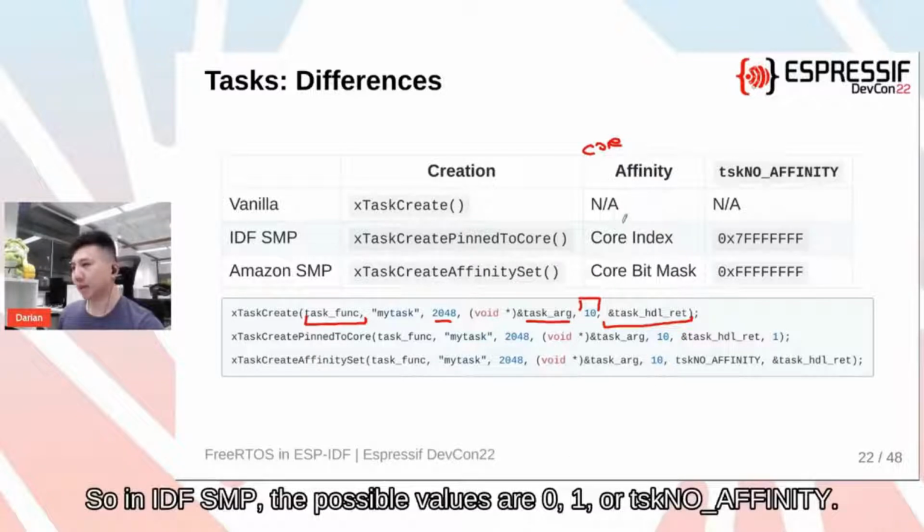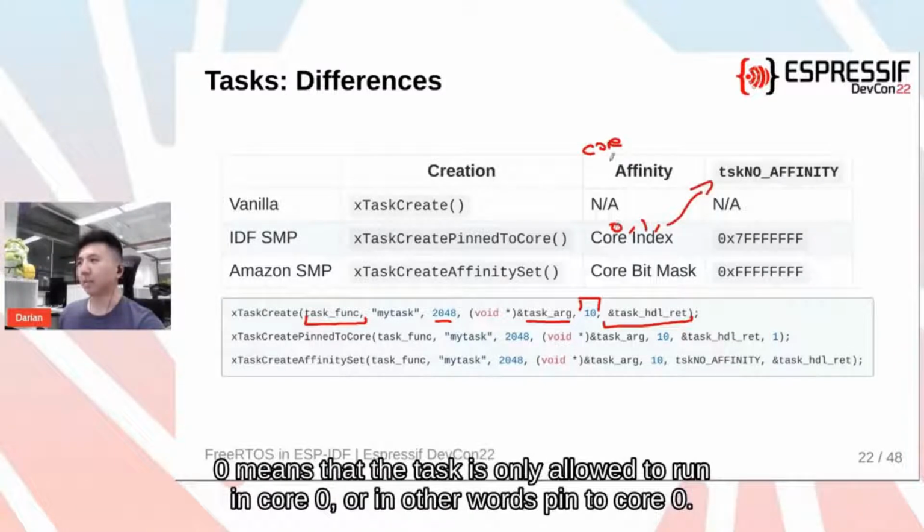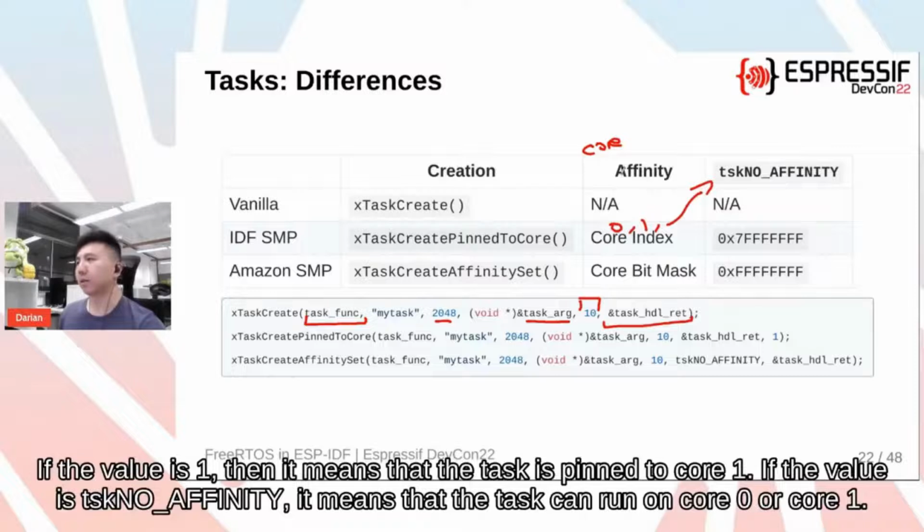The possible values are 0 or 1, or tskNO_AFFINITY. 0 means that the task is only allowed to run on core 0, or in other words, pinned to core 0. If the value is 1, then the task is pinned to core 1. And if the value is tskNO_AFFINITY, it means that the task can run on core 0 or core 1.